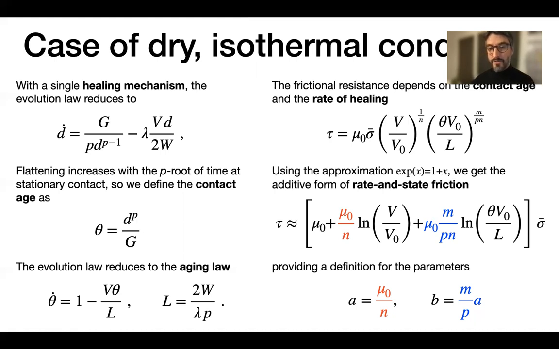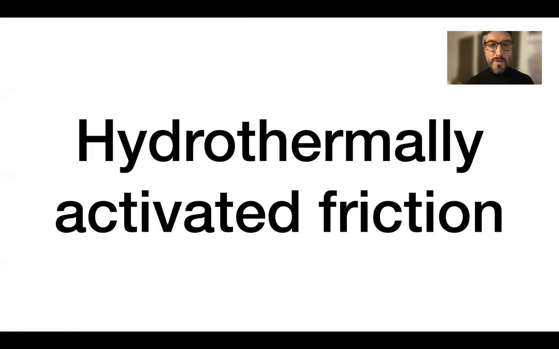And that also provides estimates for the familiar velocity dependence parameter and state parameter A and B. So A is mu naught over n, so it's almost the reciprocal of the power exponent for stress. And B scales with A, modulated by power exponents for the curvature of asperities and the rate of healing. So the next step is to expand the model to capture the hydrothermal activation of friction.